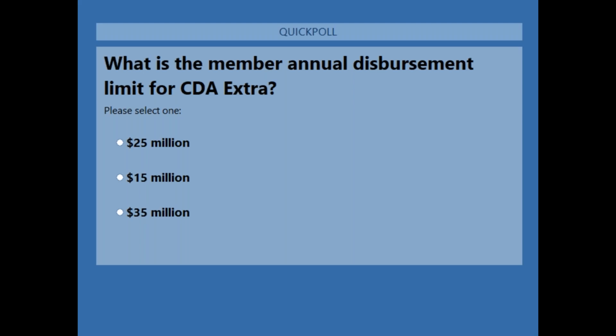The correct answer is the CDA Extra program is 15 million. The balance of the 50 million that's available to members is 35 million for the CDA program. So anyone who selected the 35 million, that limit is for the CDA side of the program, not the CDA Extra.